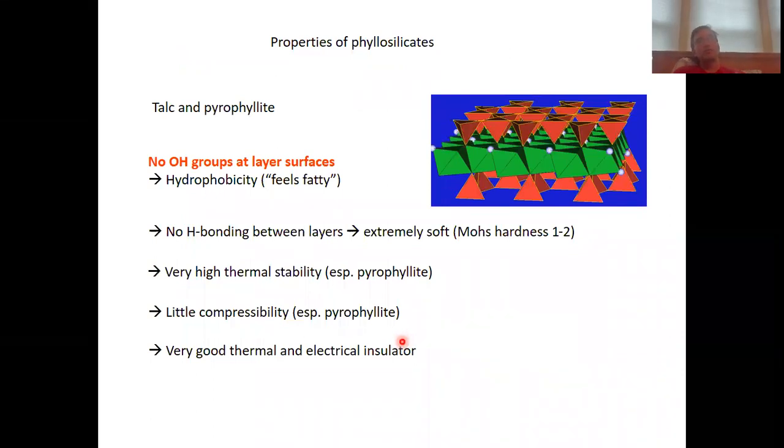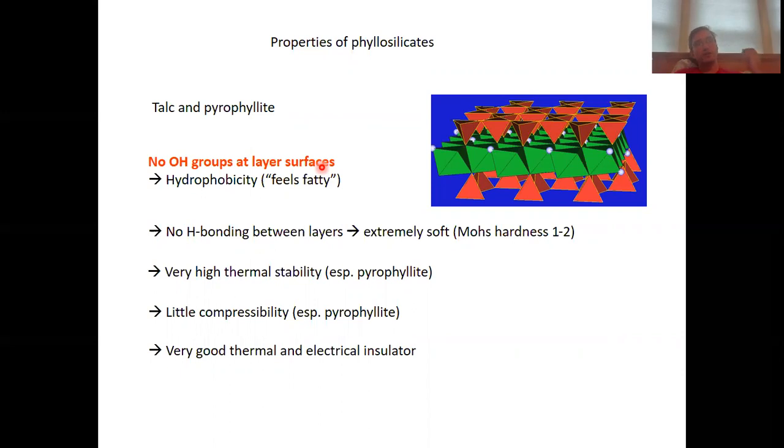So now that gives these 2-to-1 silicates very different properties to the 1-to-1 silicates. So we have no OH groups on the layer surfaces. And this means that we have no very polar groups on the layer surfaces. And that leads to significantly higher hydrophobicity of these materials in comparison to the 1-to-1 phyllosilicates.